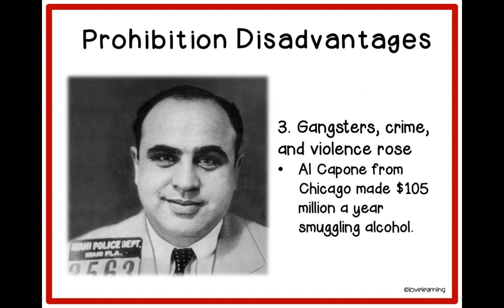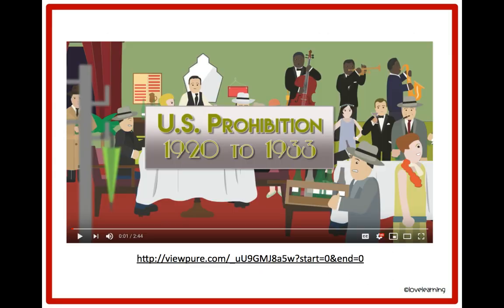Al Capone, I'm sure most of you are pretty familiar with Al Capone. Gangster from Chicago, made $105 million a year smuggling alcohol. So it was a huge scene in the underground, bringing it back and forth. Really big issue there.